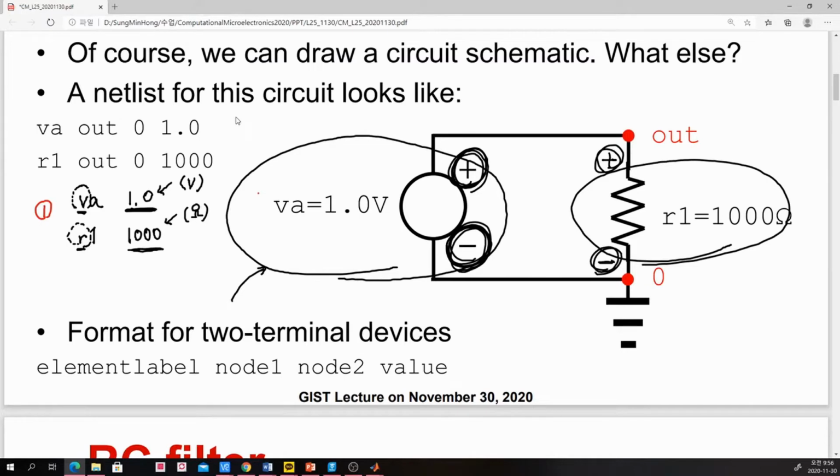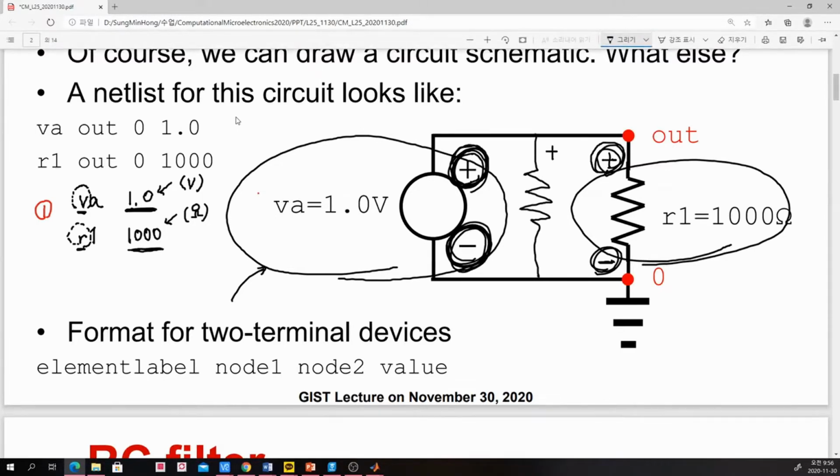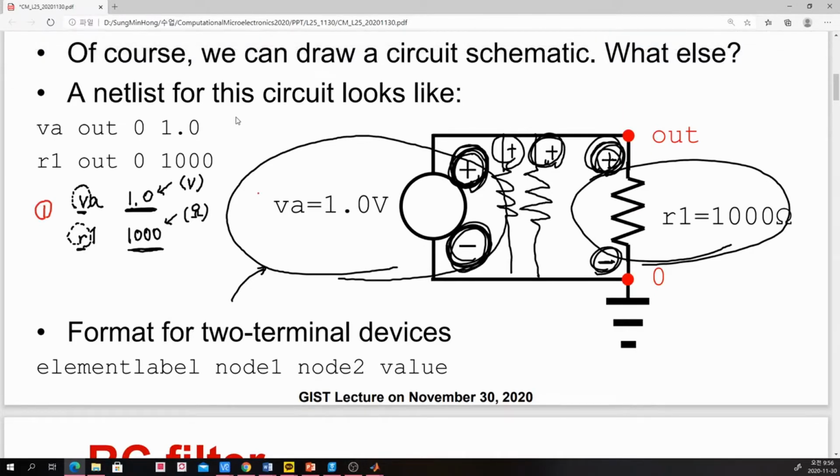Instead of directly connecting these positive and negative terminals, which can be several, if we have one more resistor, then we have to specify that these are connected. And if we have one more resistor, then we have to say that these are connected. This is really tedious.